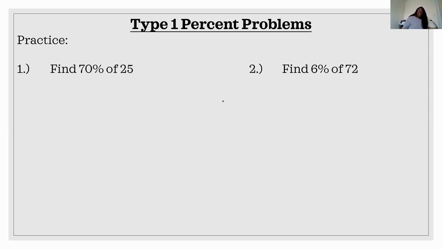We're going to be finding 70% of 25. So if I want, I move it over 1, 2. So 70% is 0.70, and I'm going to multiply that by 25. Okay, so 0.70 multiplied by 25. Once I do the calculations, it will give me 17.5 or 17.50.